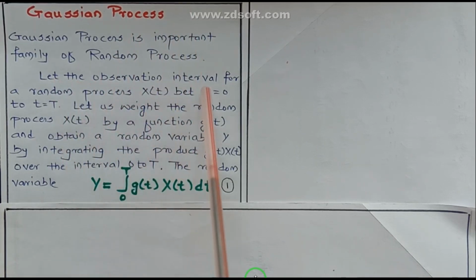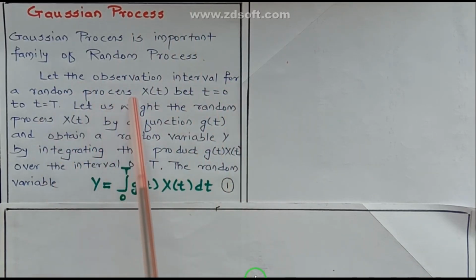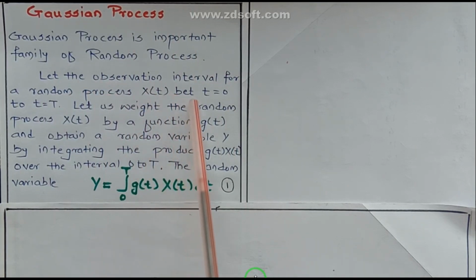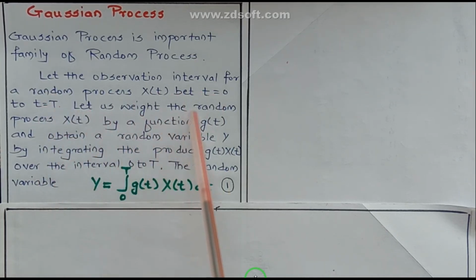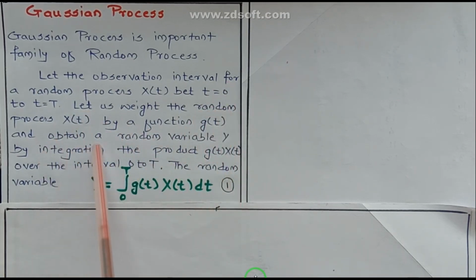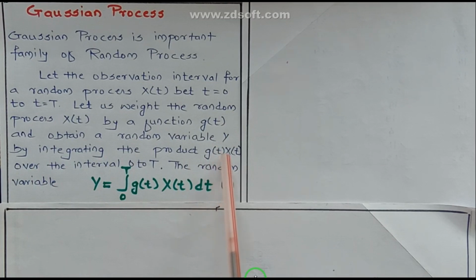Let the observation interval for a random process X(t) be t equal to 0 to t equal to capital T, and let us weight the random process X(t) by a function small g(t) and obtain a random variable capital Y by integrating the product of g(t) and X(t) over the interval 0 to T. So the random variable Y is given by the integration from 0 to T of g(t) X(t) dt. Make it as equation number 1.